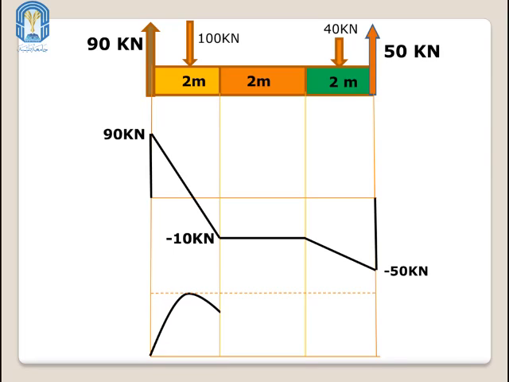So it will be like this. But if I want to determine the maximum of this curve, we need to take a cut from a part where it will be easy to determine it.